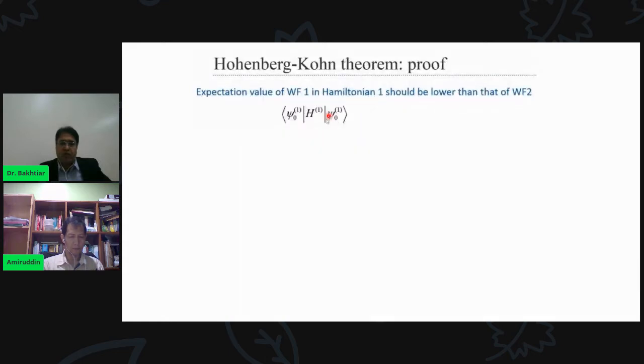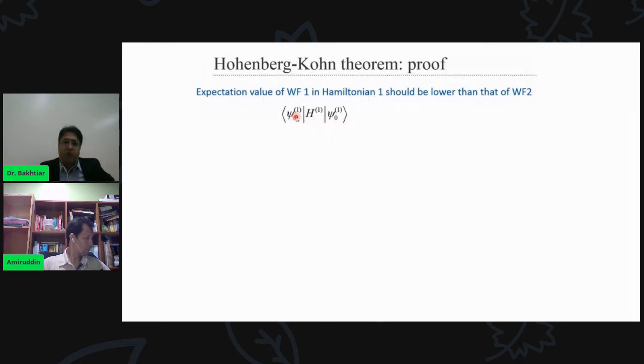If I calculate it, I will get the minimum energy, because I use its own ground state wave function. If I use another wave function for Hamiltonian 1, which is not the ground state, then I will get a higher energy than using its own wave function.